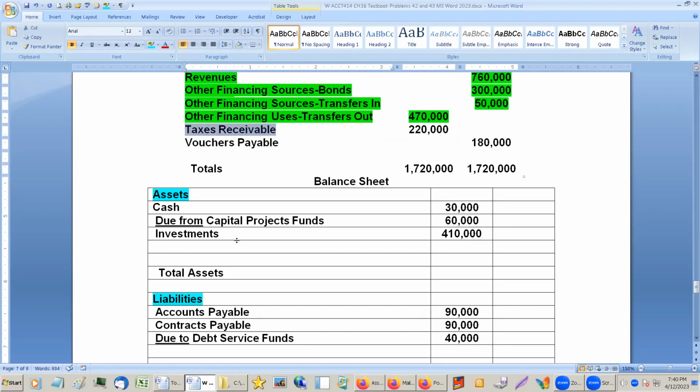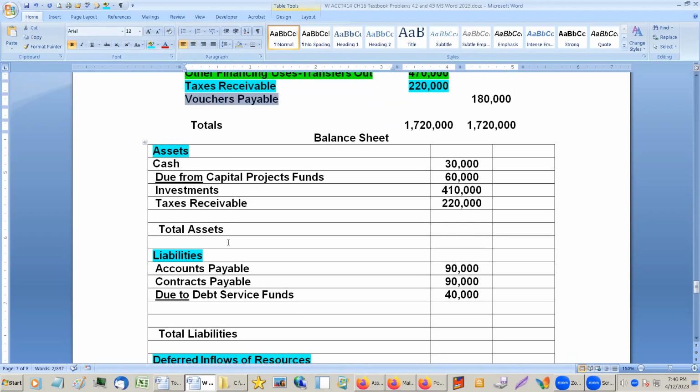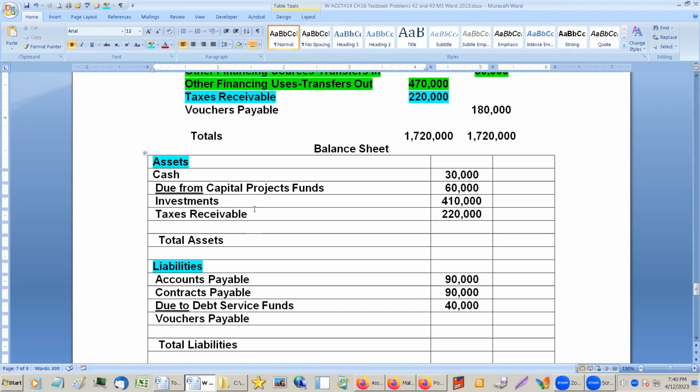Taxes receivable. Asset. And vouchers payable. Liability. Liability. Wait a minute, did I put the taxes receivable as a liability? Hold on.